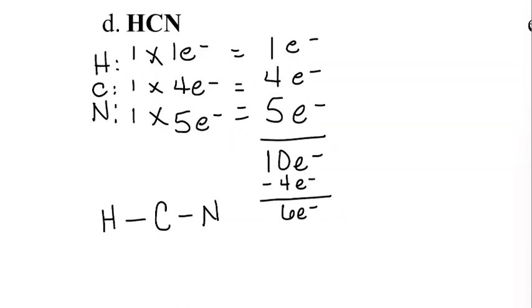So how many dots does hydrogen get? Thank you for the people that put none or 0. Hydrogen only needs 2 electrons.